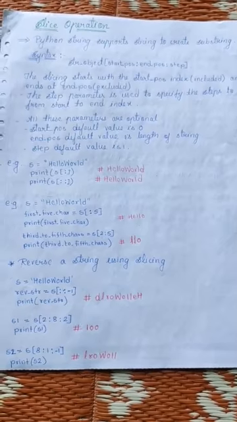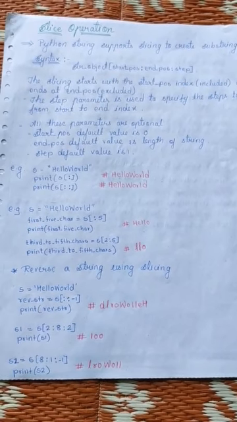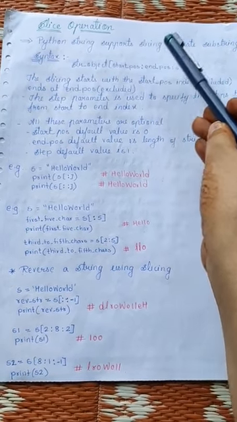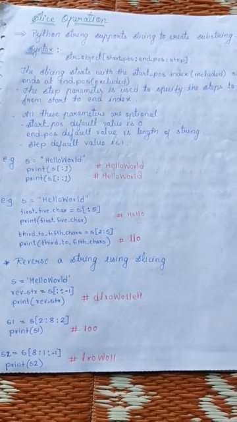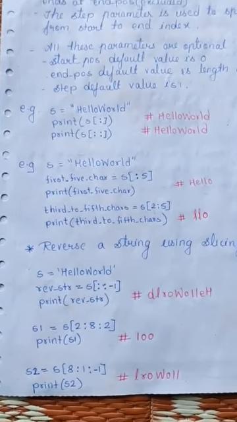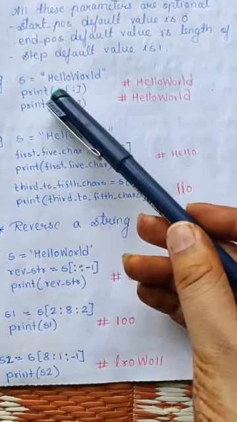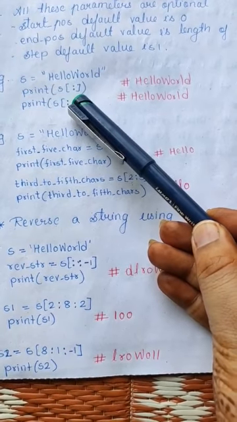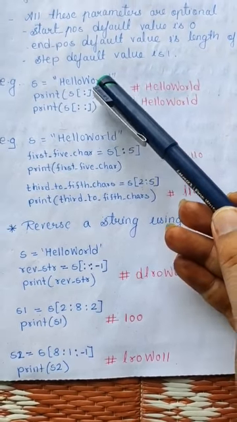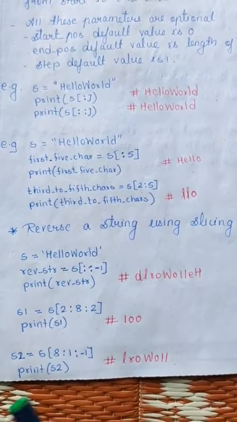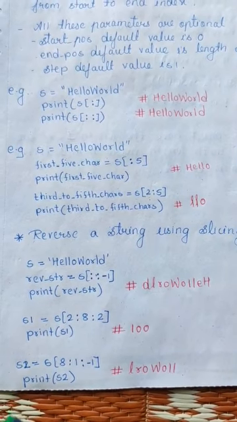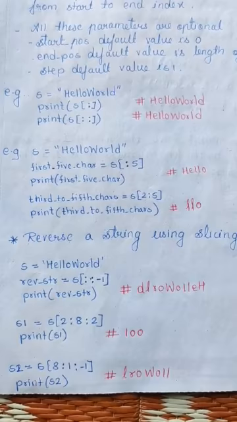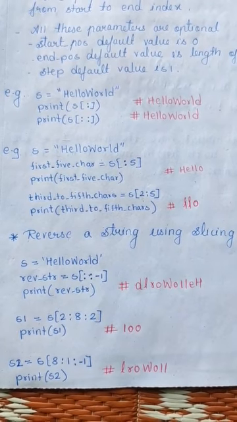First of all, we can skip the starting position, end position or even the step. As you can see over here, I have not mentioned any starting position, any end position, and neither the step. This is how I can also find the substring, but the substring will be the whole string itself.